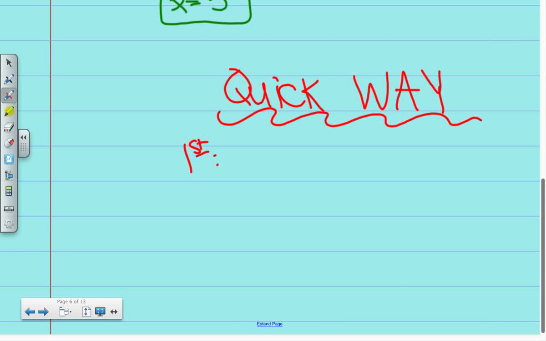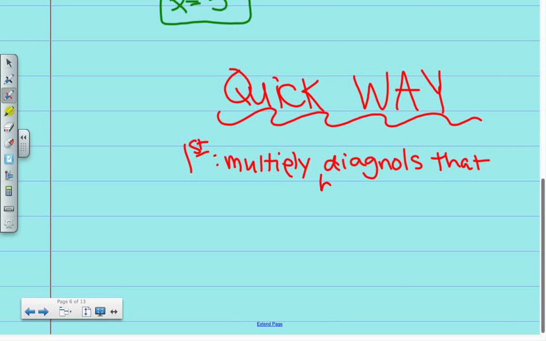The first thing we do is you multiply through by the diagonals that have both the numbers. Multiply diagonals that have both numbers. Okay? The second thing, lastly, and I'm making it sound really difficult, it's not. You'll get it once we do examples.